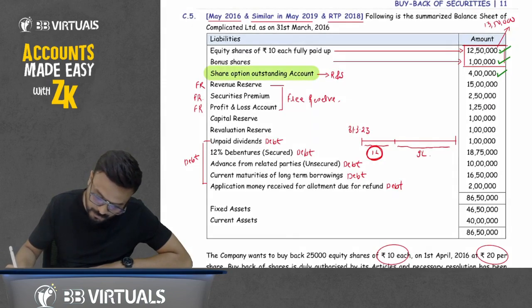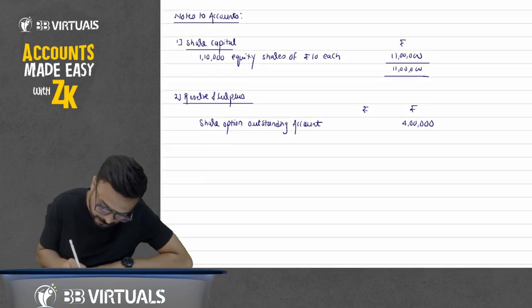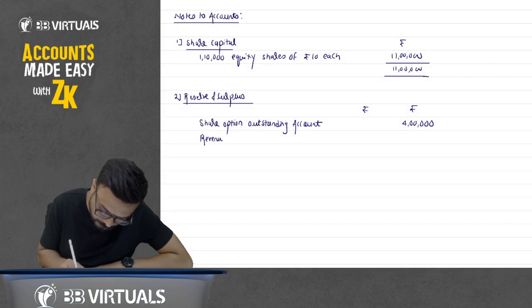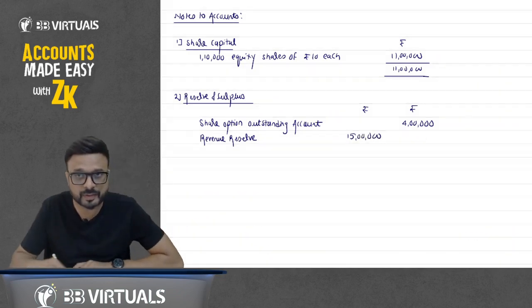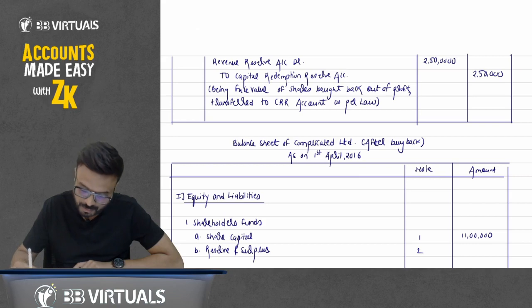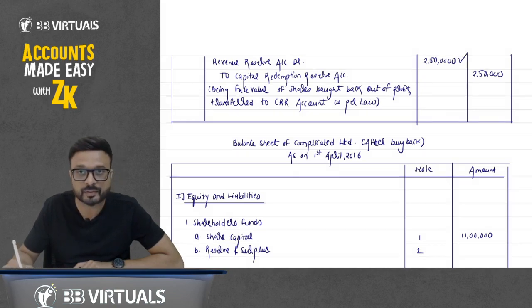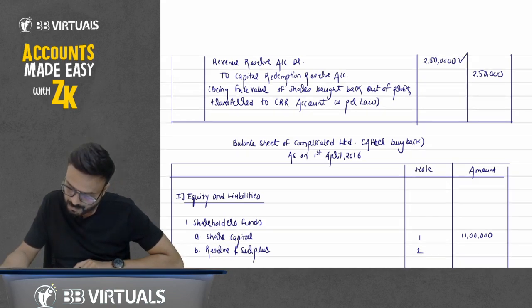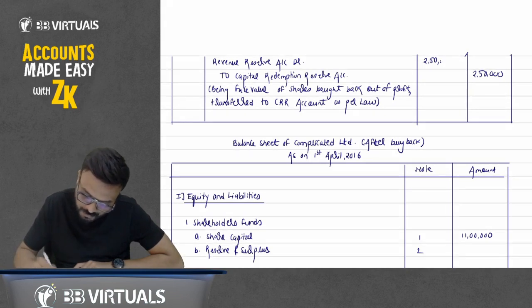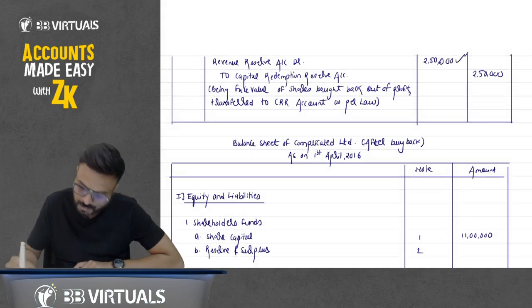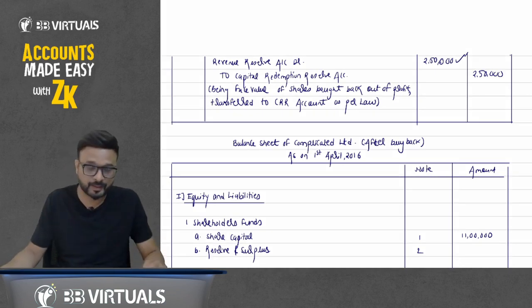Revenue reserve. How much is revenue reserve? 15 lakh. Write down in the inner column 15 lakhs. Whether we have utilized revenue reserve? Yes. Here you can see we have debited the revenue reserve. By mistake I have written one more zero. It is 2 lakh 50,000. So we have debited. Revenue reserve is a credit balance; we have debited, so we will deduct it.